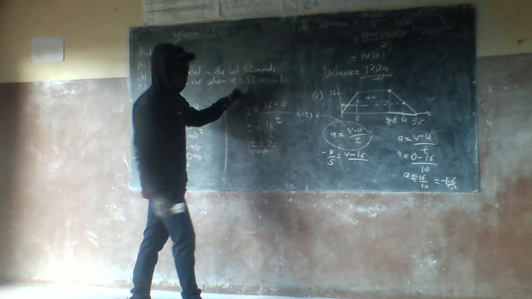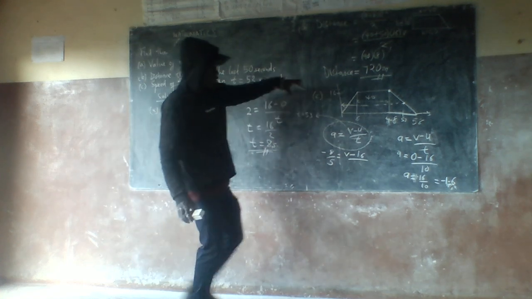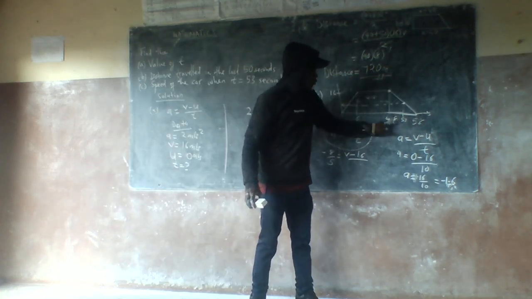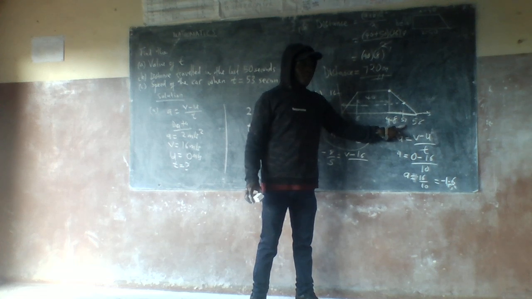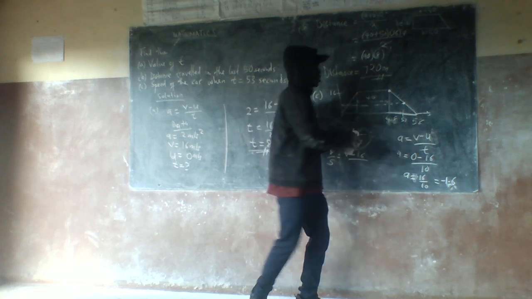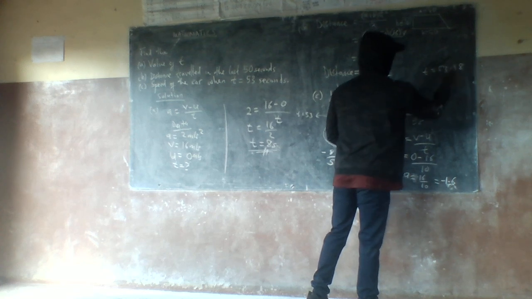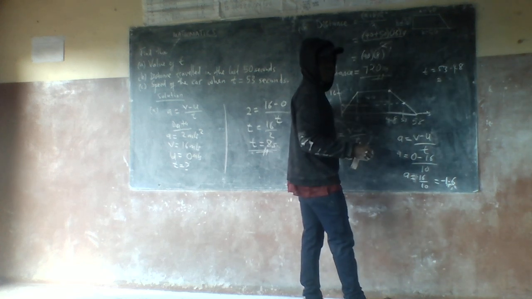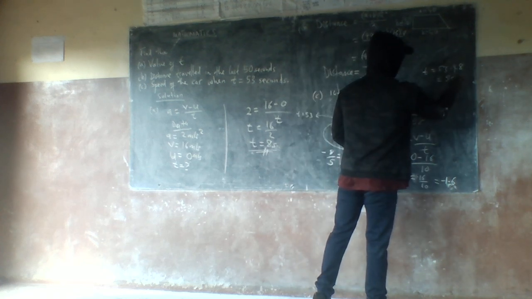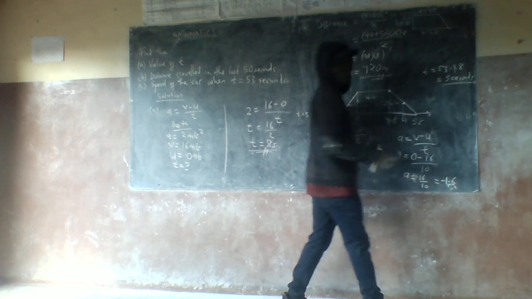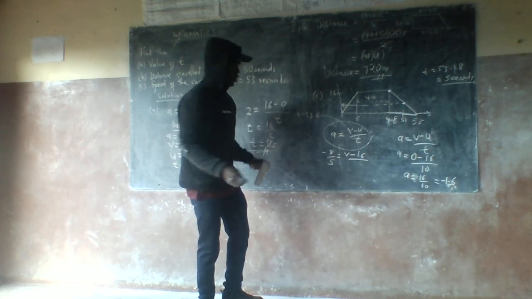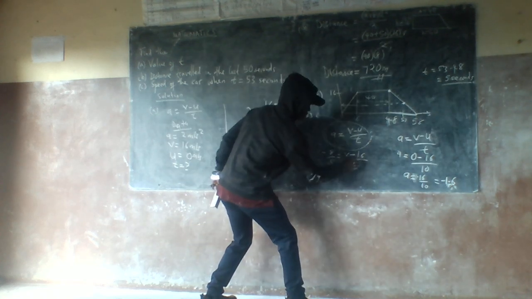Yes, they have said t equals 53. But what time have you covered? From here up to there. T equals 53 seconds minus 48, which is 5 seconds. So all the 5 seconds is what we put for t. Are we there? Like that.